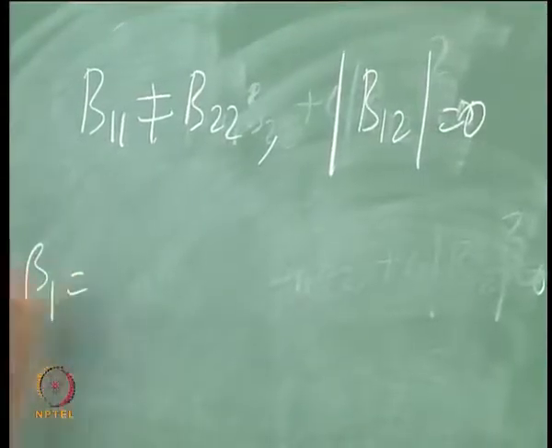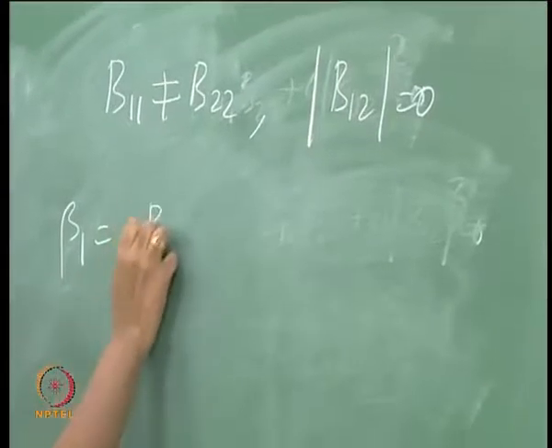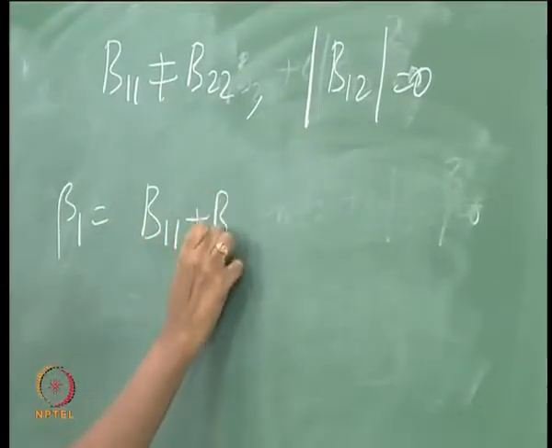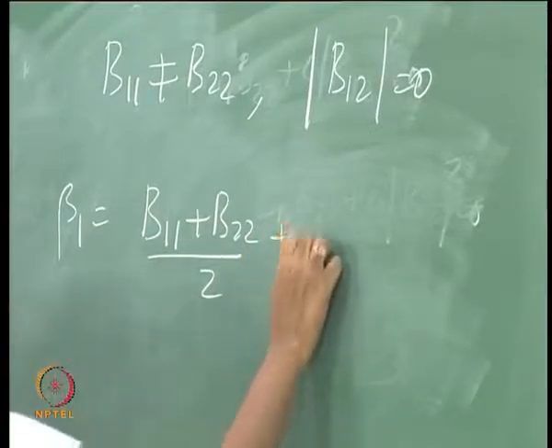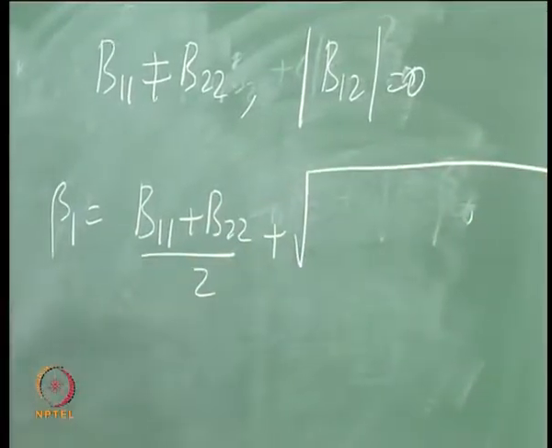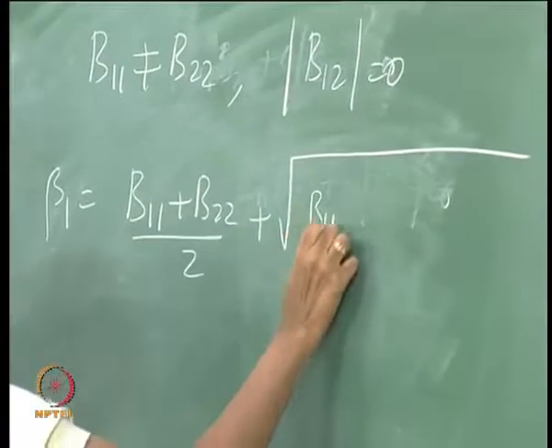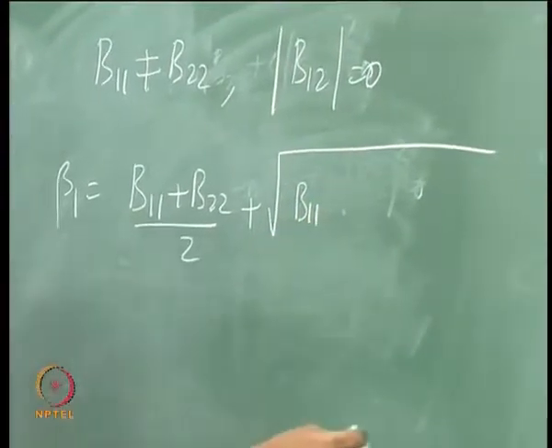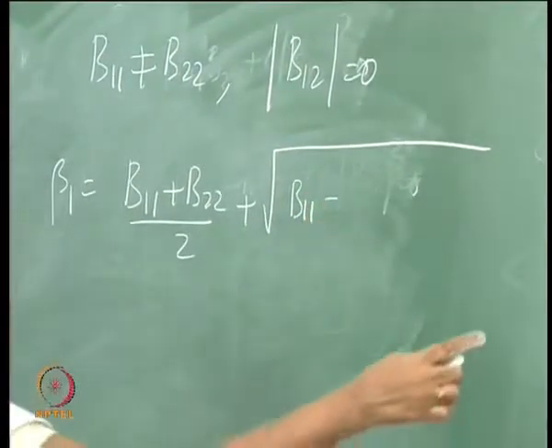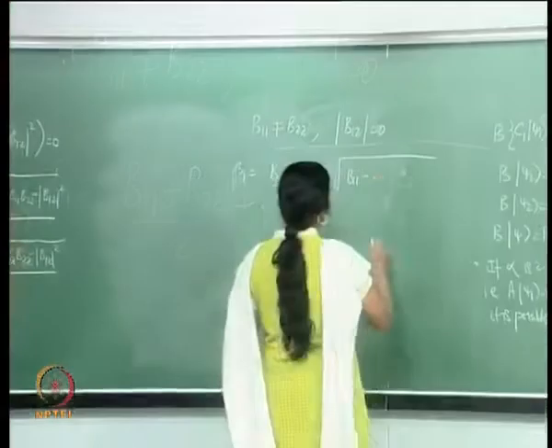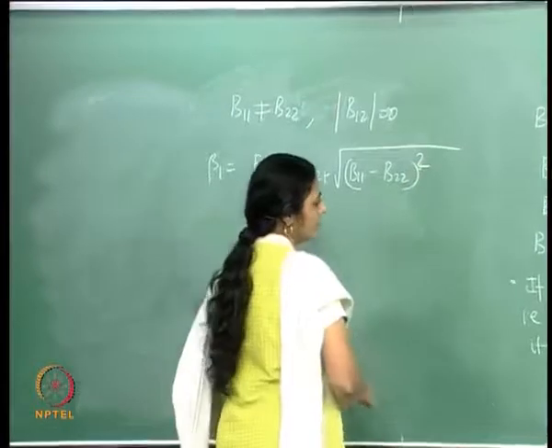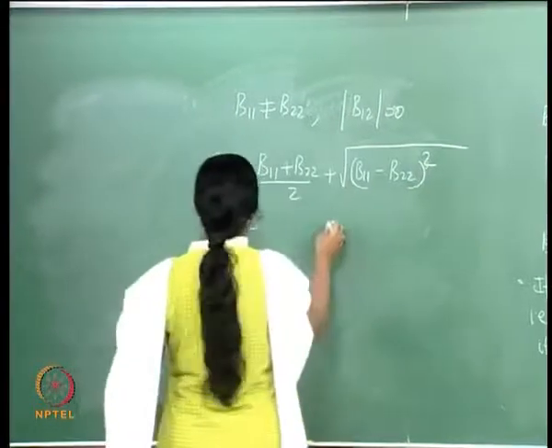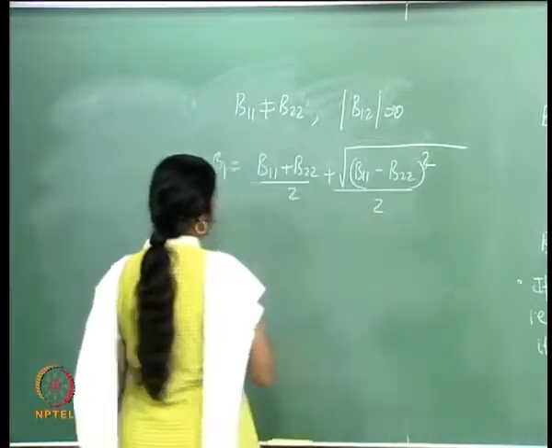So what is beta 1? Beta 1 is B11 plus B22 by 2 plus square root of B11 minus B22 the whole square, divided by 2.